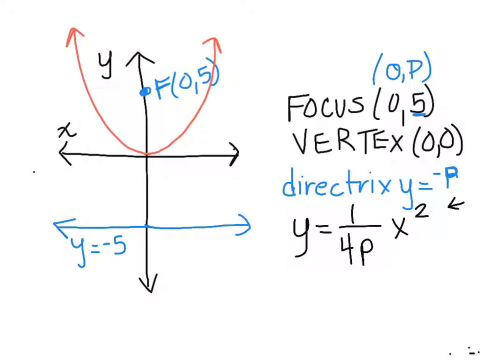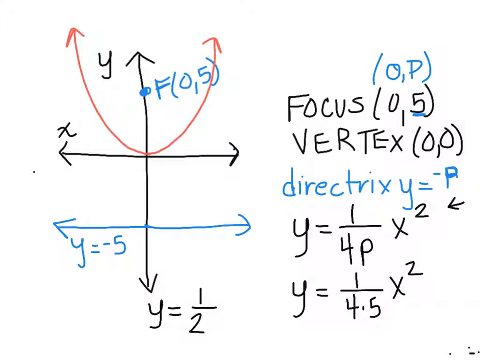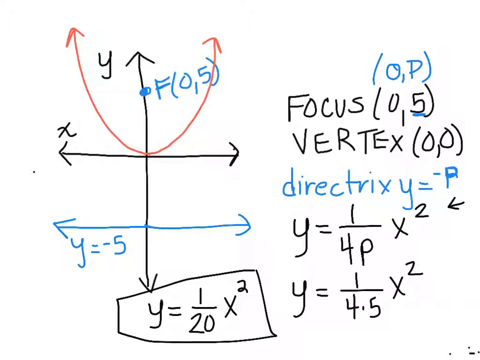So we're going to plug in p here to make our equation. So y equals 1 over 4 times the 5, which is your p in your focus, times x squared. And your final equation for the parabola is y equals 1/20 x squared. This is my equation.